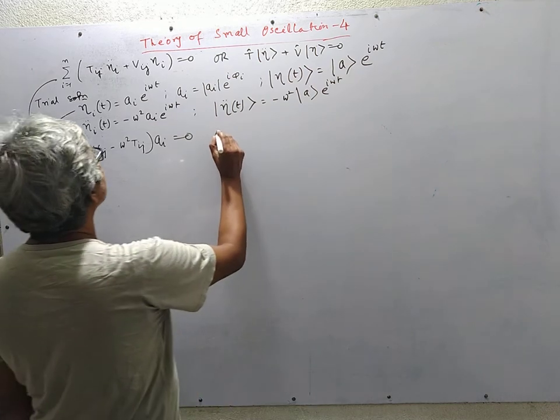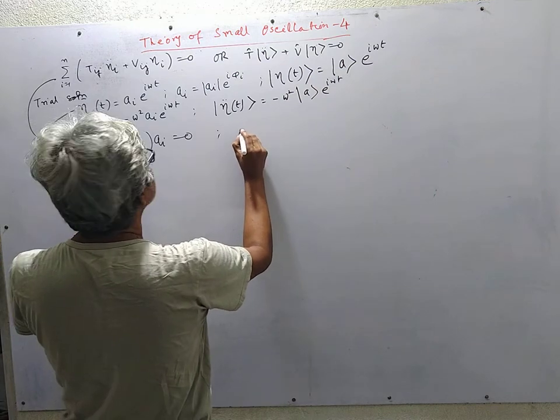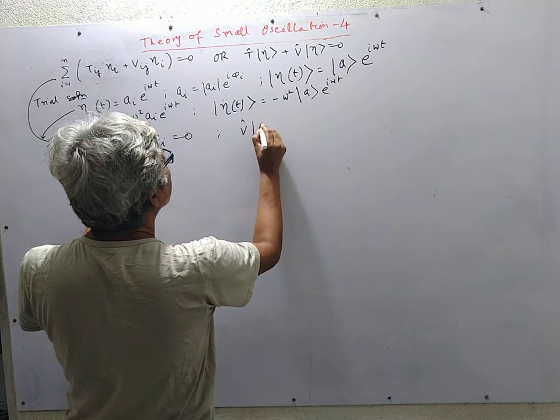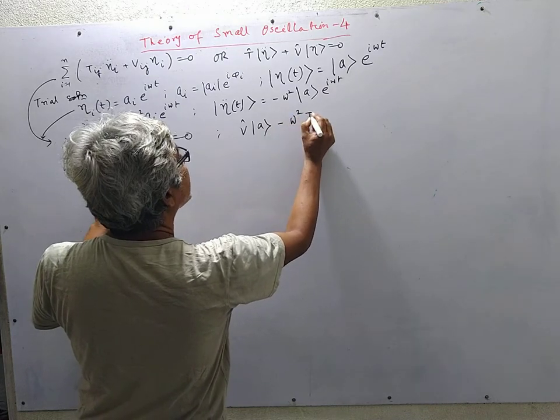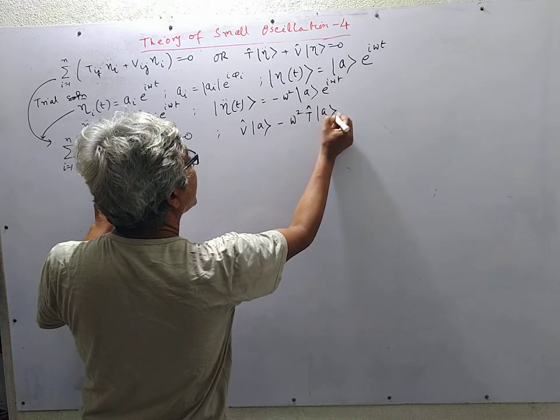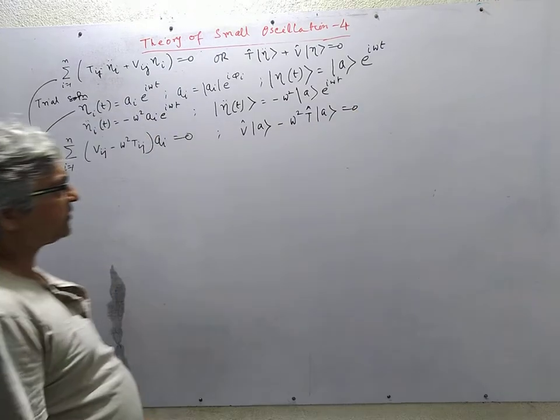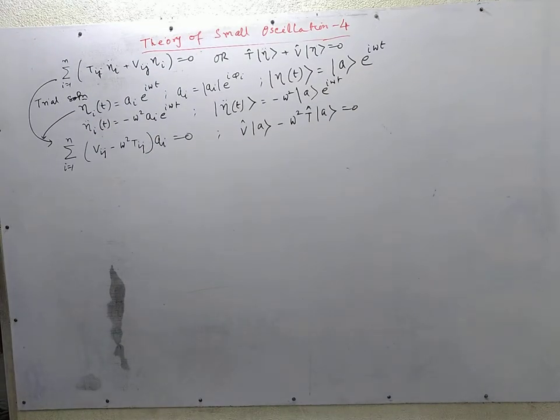In matrix form, this equation reads as V operating on a minus omega square T operating on a is 0. This is the matrix form. At each and every step I am writing the matrix form because, in the case of complicated expressions, it will be found convenient to write the matrix form rather than the component form.